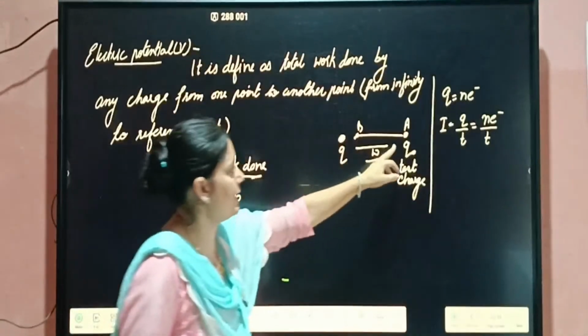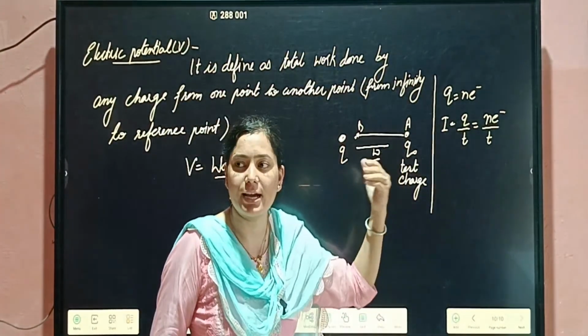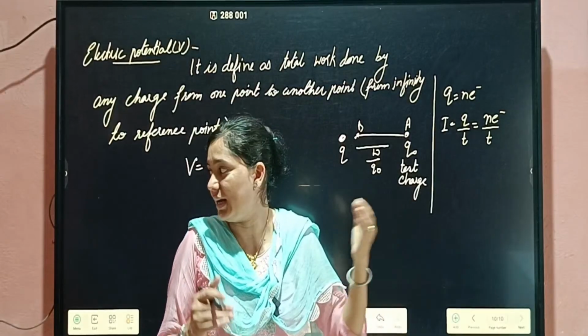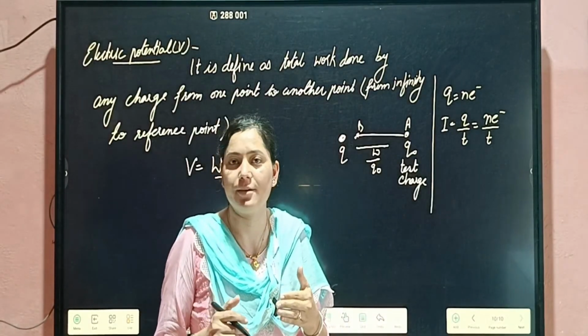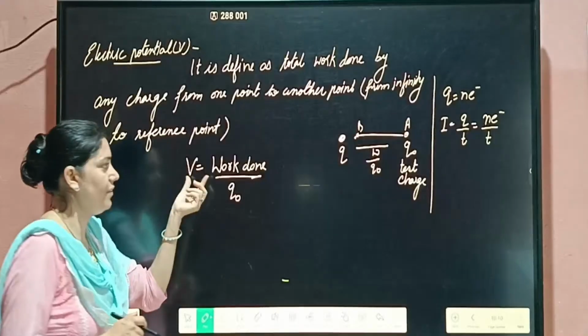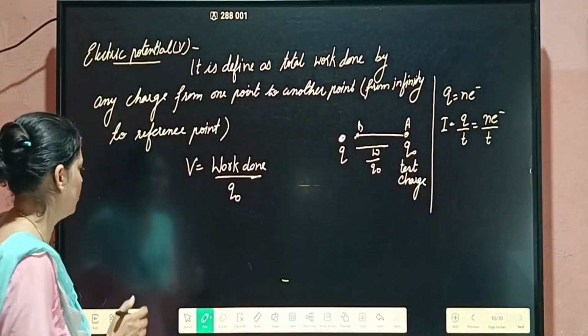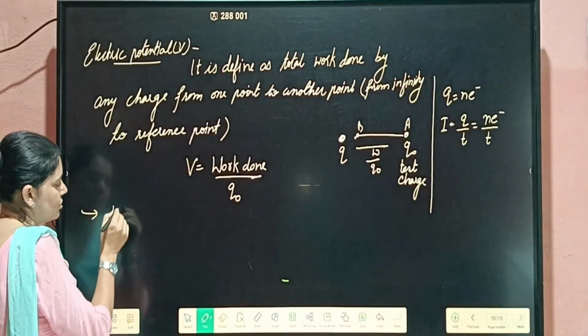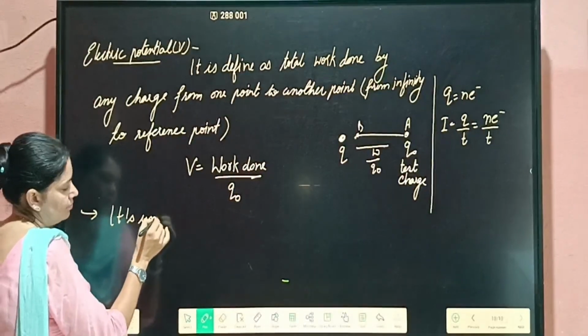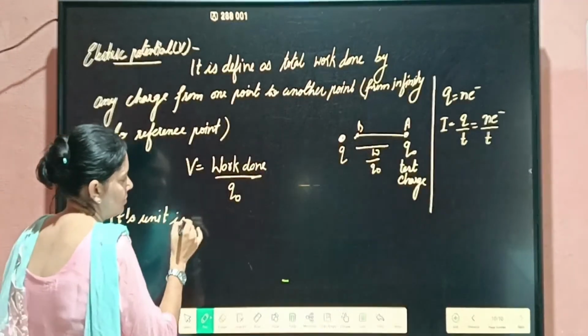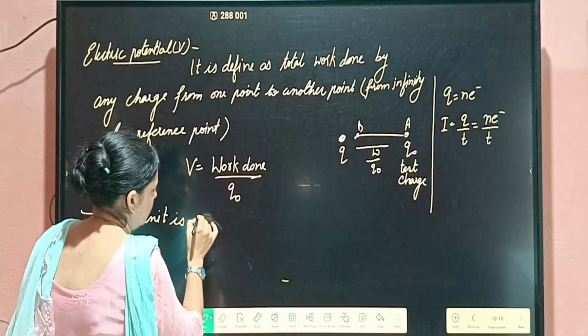Here one point is A, second point is B. Maybe this point can become from the infinite to any reference point, means here given point. So here we can write V equal to W by Q. Okay, so by using this one, its unit will be, its unit is what? Volt.